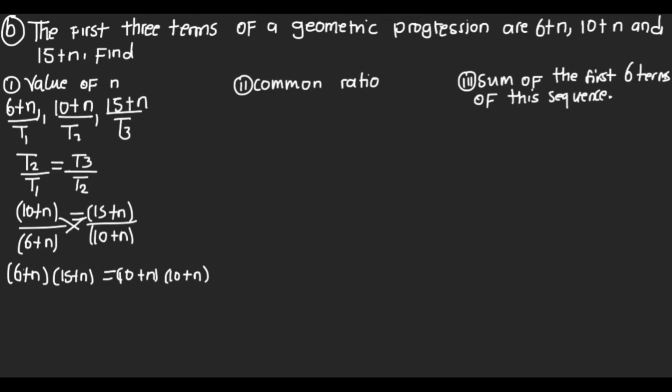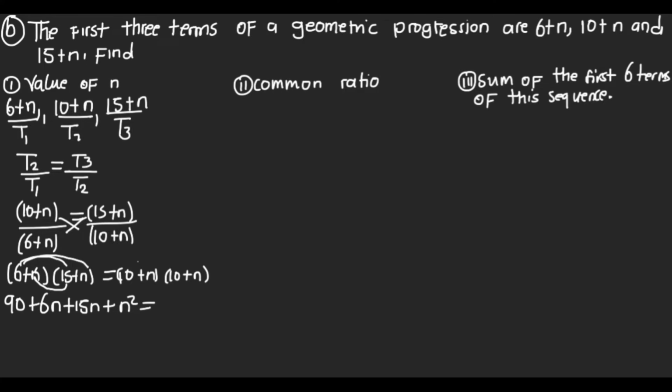So let's use algebra now. 15 times 6 is 90, plus number 2, 6 times n will have 6n. Then we move on to n times 15, we have 15n, plus n times n, we have n squared.